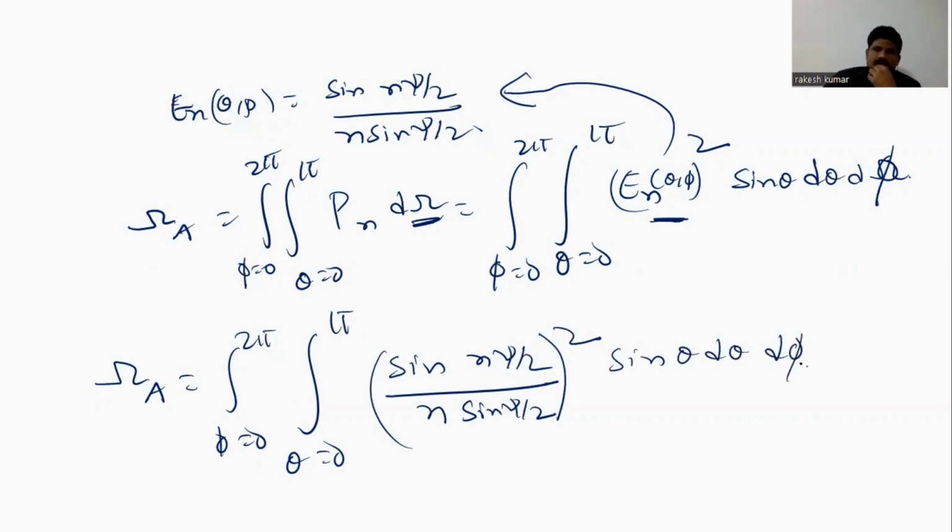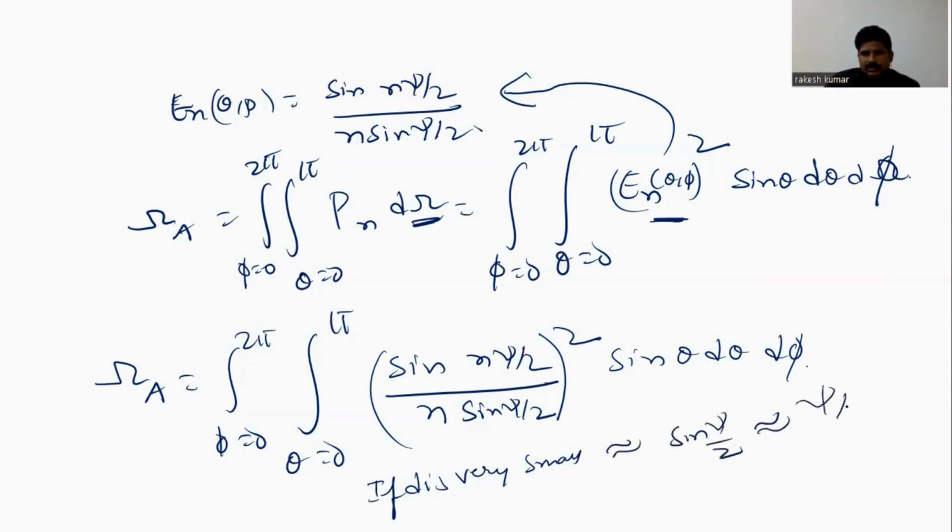Okay, so here, if psi is very small, then sine psi by 2 can be considered as psi by 2. So in place of sine psi by 2, I can replace it with psi by 2.